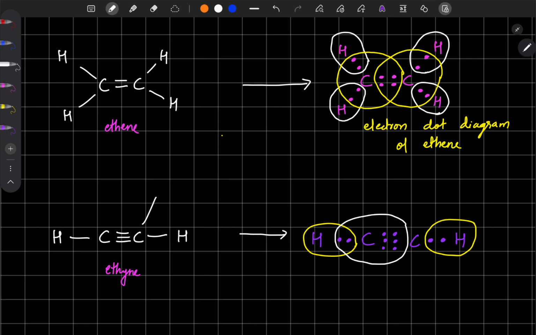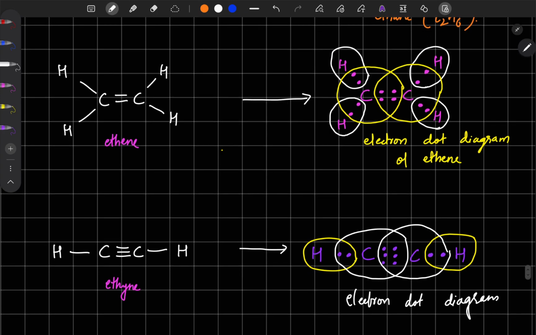This carbon also has these 3 plus this 1, a total of 4 electrons, so we circle it like this. Here it shows the sharing, here also, and here also. This is how we draw the electron dot diagram.